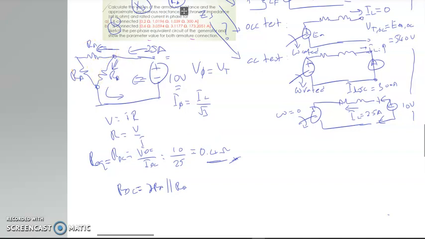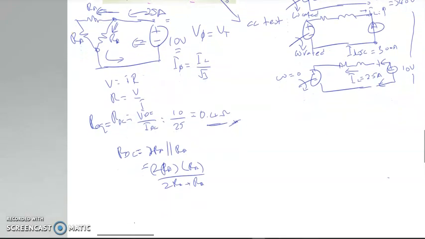So we have 2RA parallel operation times RA, divided by 2RA plus RA. Means that we shall have 2RA squared divided by 3RA.